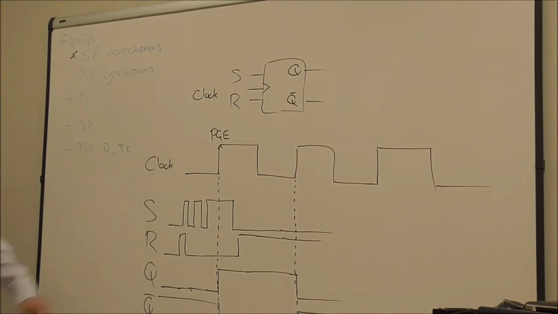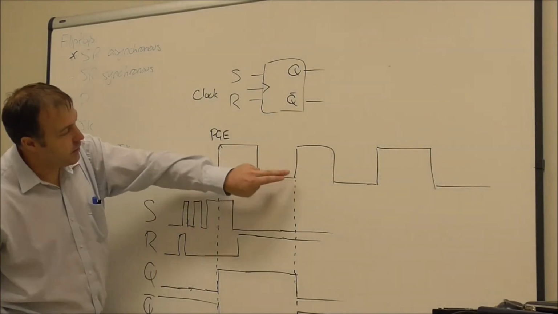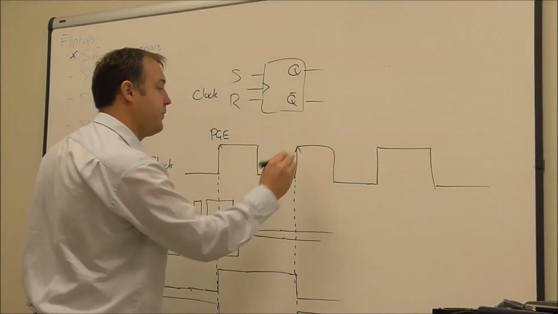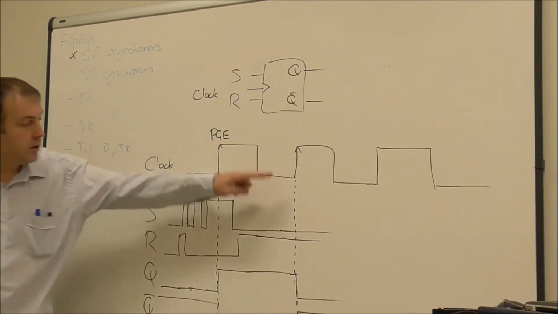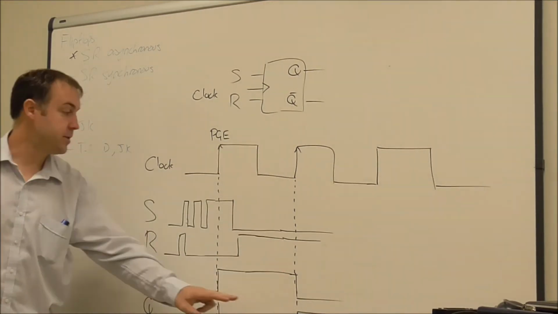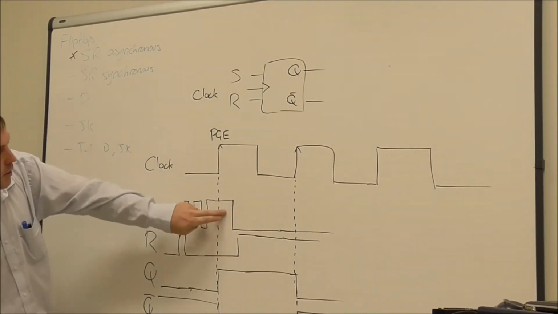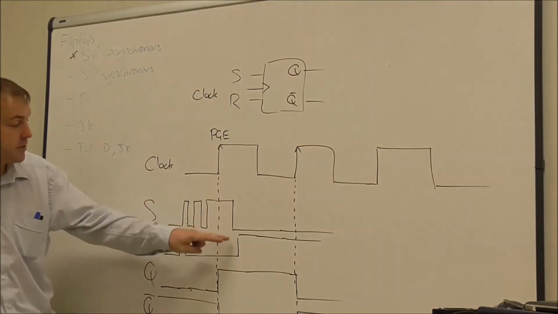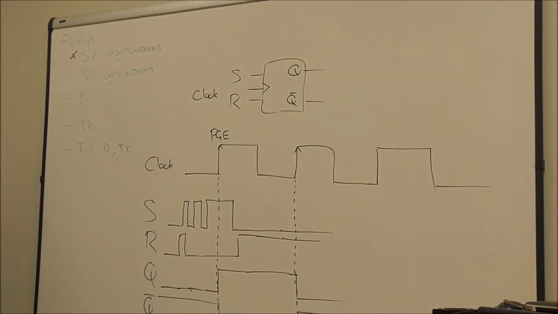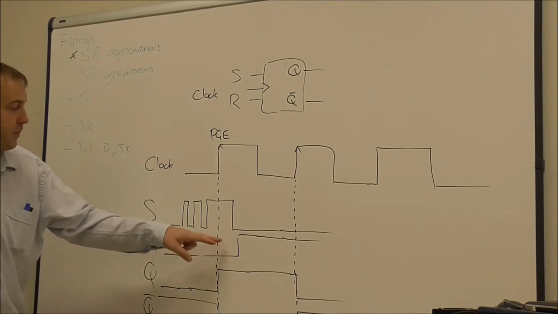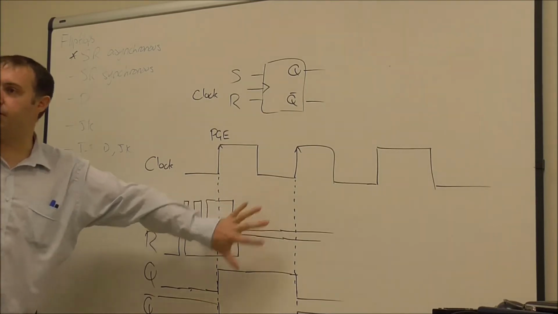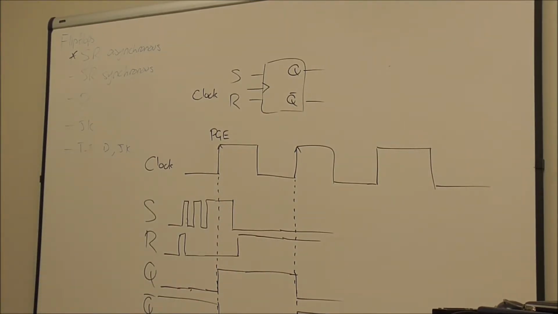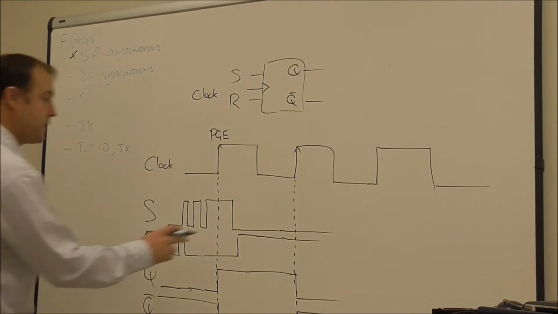Okay, so at the time that we see our next positive going edge there, that is when the output changes. So notice how my S and R changed at different times here. So that might be a factor. I could have made a completely illegal state for most of that time there if I wanted, or if it just happened to be.